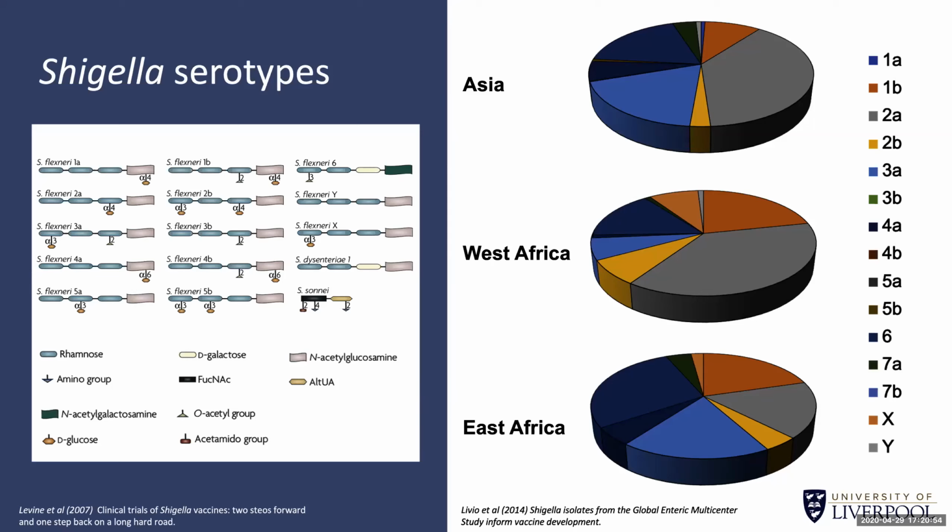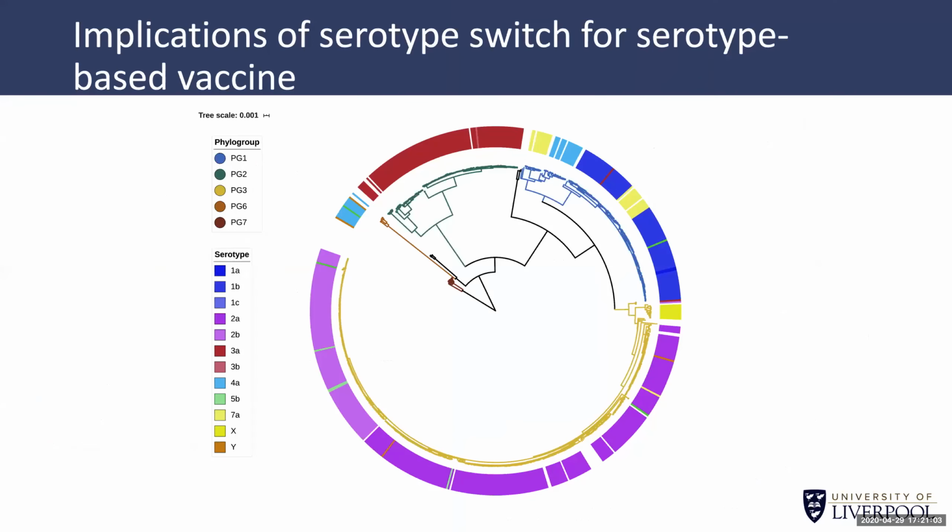So we wanted to determine how prevalent serotype switching is in the GEMS dataset. Here is the Flexneri phylogeny, and on the outer color strip, the colors represent the different serotypes.